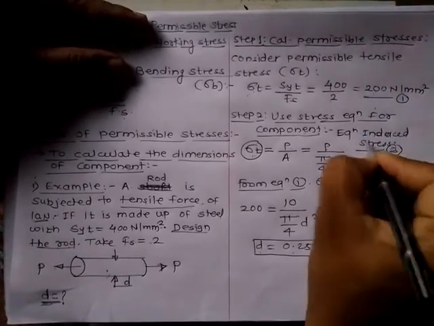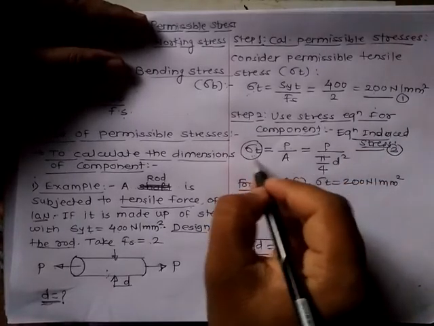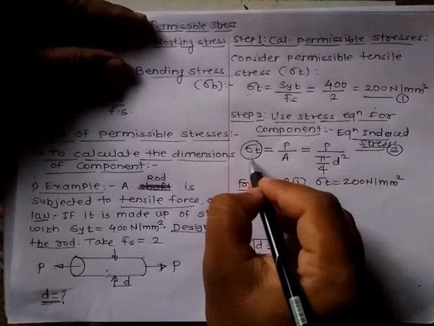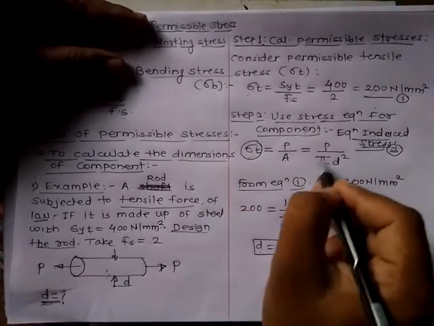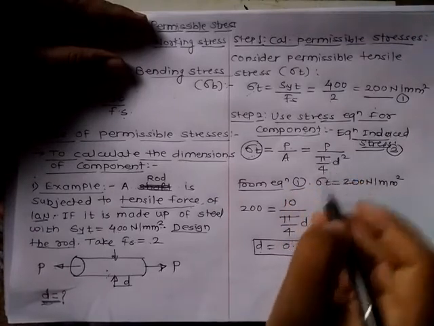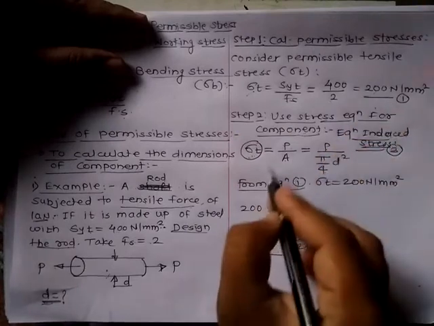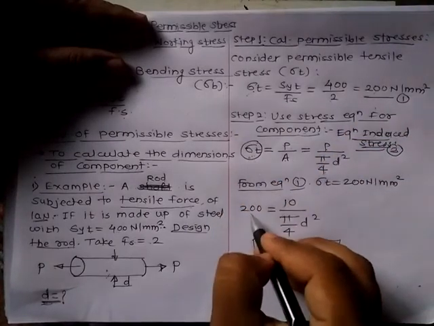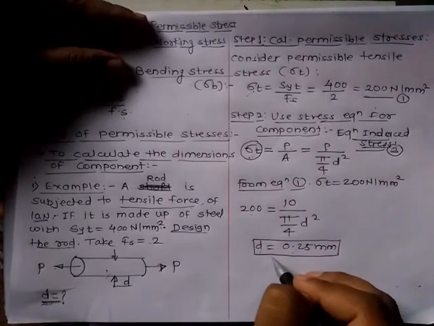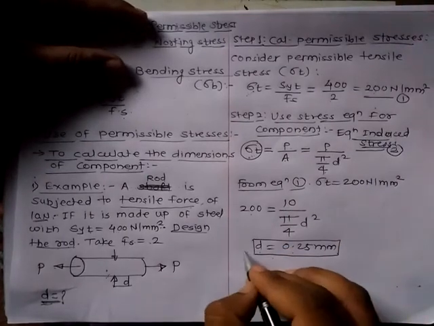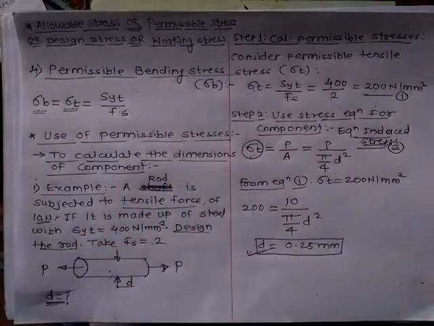The stress that is going to be induced in the component is given by this sigma T, so the induced tensile stress sigma T is given by P upon A. The area is pi by 4 d square, as its cross section is circular. We used the value of sigma T from equation number 1, which is 200. So 200 is equal to the value of P, 10 Newton, upon pi by 4 d square, and we calculated the value of d. In this way, we use the permissible stress to calculate the dimension of a component.